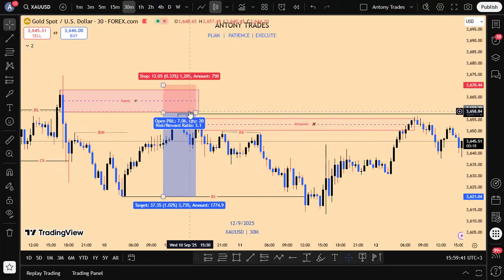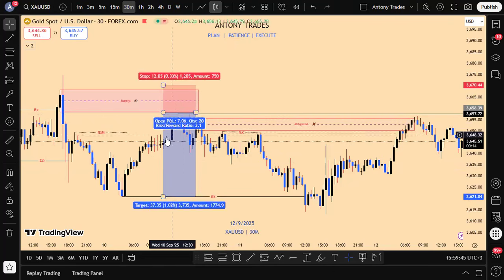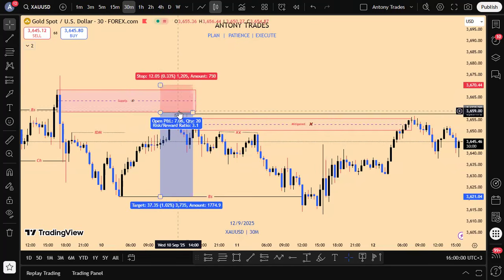So market never tapped me, and you can see very well this setup was one I was waiting for during the sessions. If this could have been at midnight or during the Asian session, I would not have taken this trade, or I would not have placed my limit order.